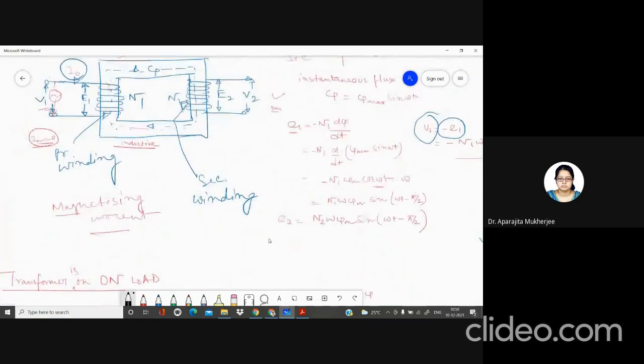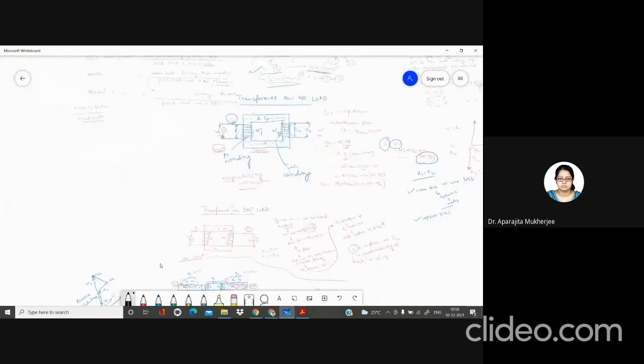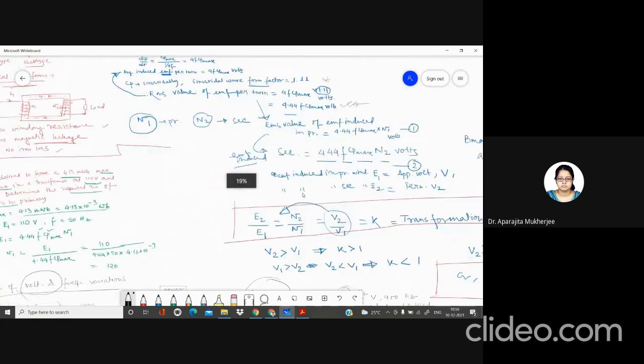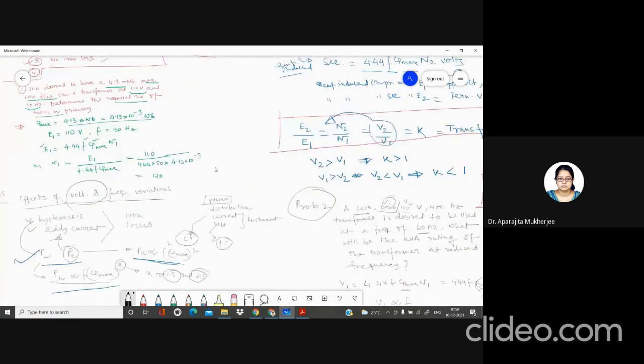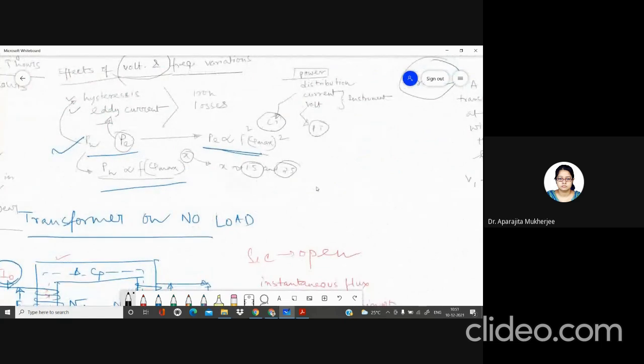In this class, we have seen that eddy current loss varies with the frequency f square, and hysteresis loss is proportional to the frequency, that is only f.